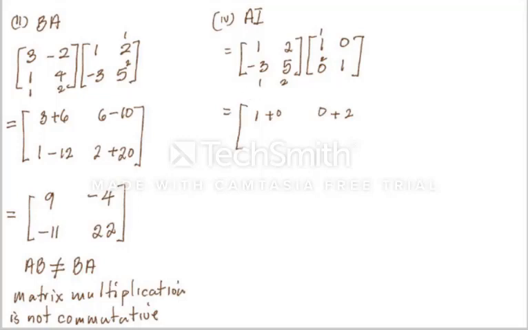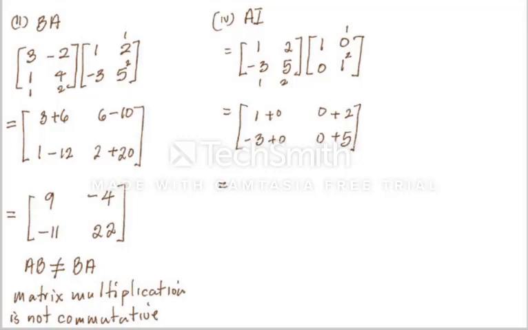So minus 3 times 1 is minus 3, and 5 times 0 is 0. The same bottom row, but this time by the right column, gives us the bottom right element. Minus 3 times 0 is 0, and 5 times 1 is 5.